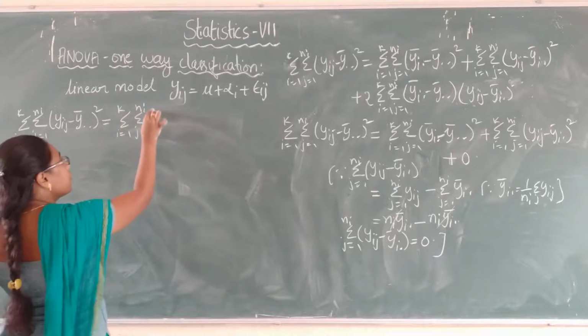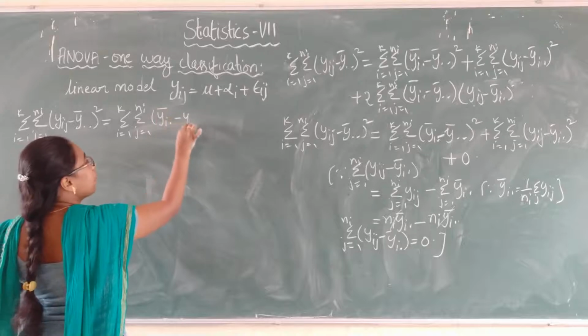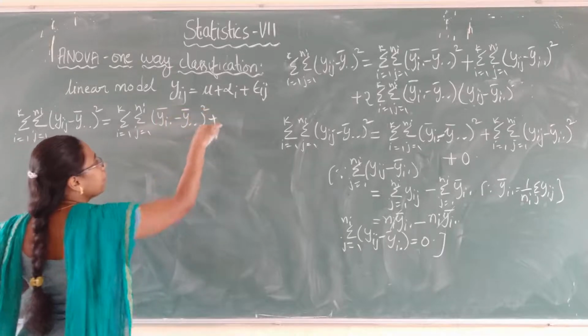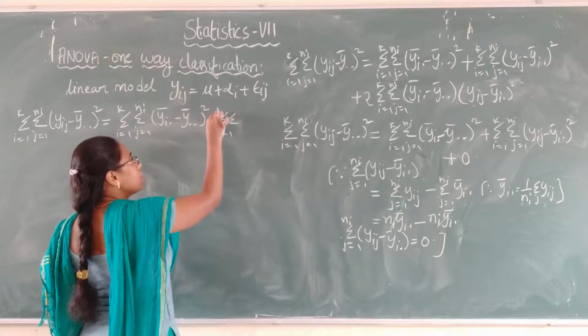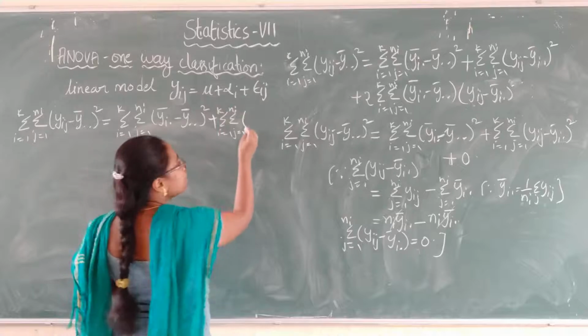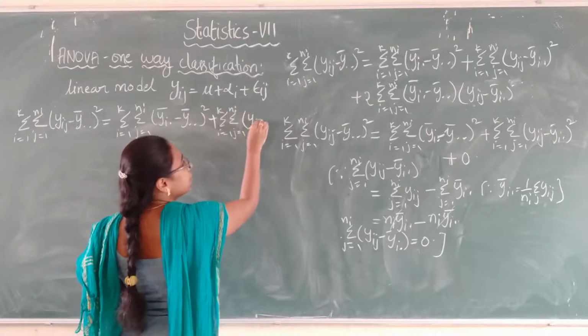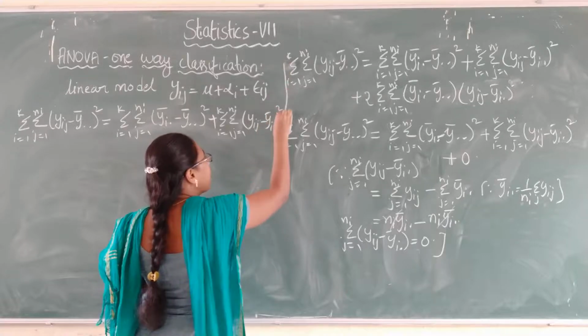The first term is yi dot bar minus y double dot bar whole square, plus double summation i equals 1 to k, j equals 1 to ni. The last term is yij minus yi dot bar whole square.